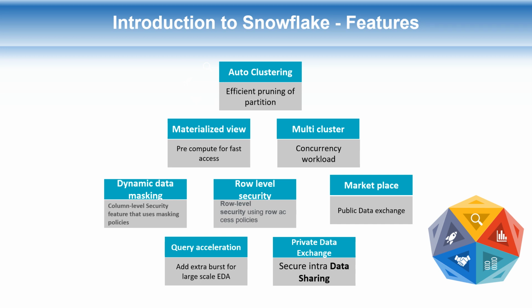So your sensitive data can be easily secured by using column level security. It also allows row level security. You can create row level access policies similarly to the column level access policies, so that based upon authentication and authorization, you can provide access.